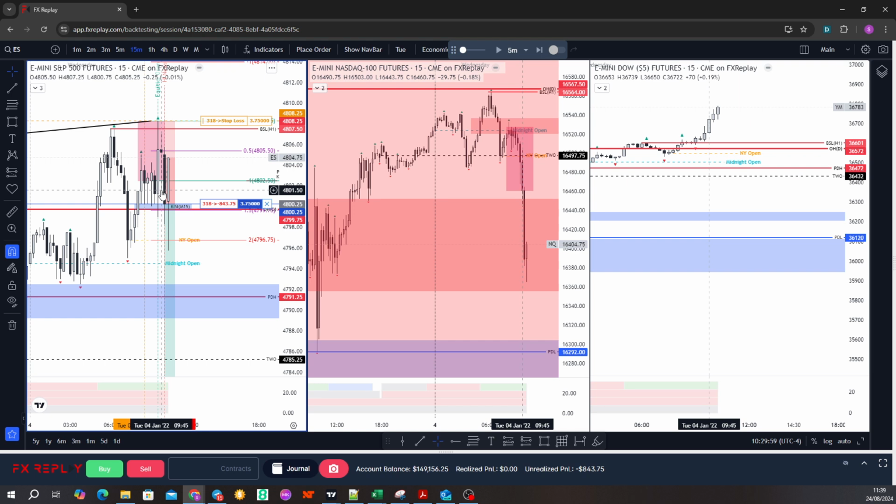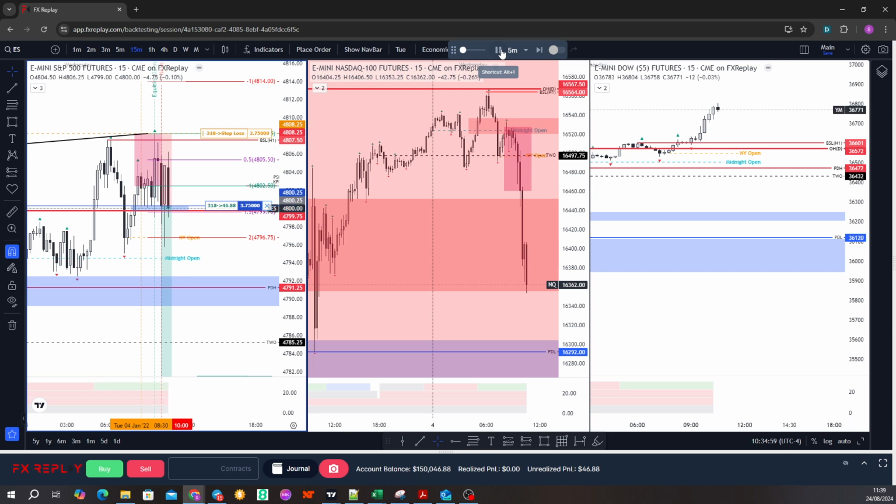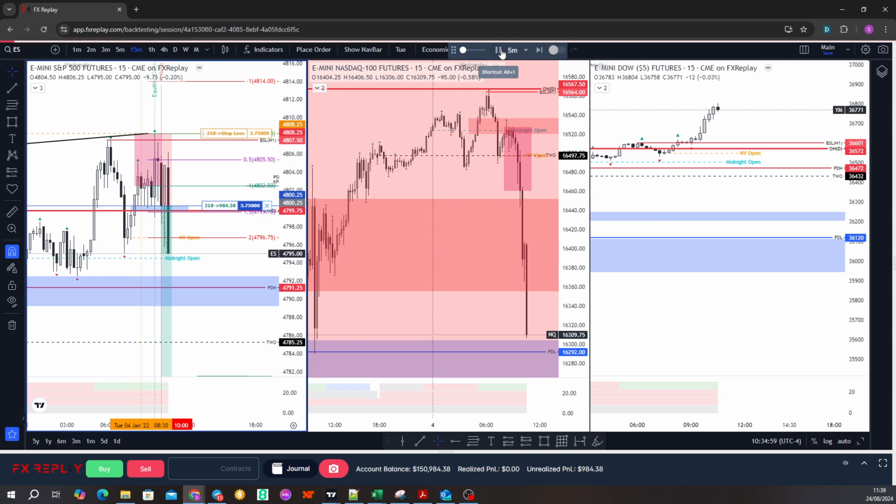So what we're saying here is we needed to wait for confirmation of this being violated to confirm lower prices. Now it could still go lower, but the reality is it's going to take out the highs. So let's just see. I expect the highs to be taken. Okay.